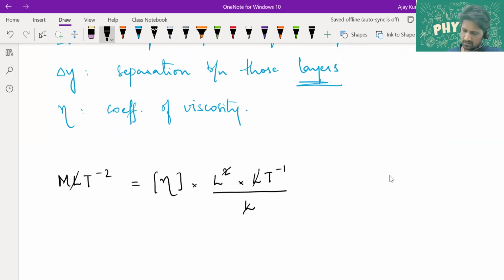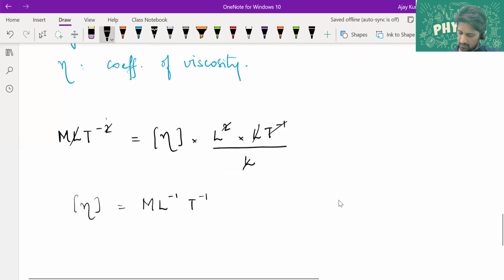T^-1 with T^-2 will be T^-1. Therefore, the dimensional formula of coefficient of viscosity becomes M, the other L goes to that side, L^-1 T^-1. So the SI unit becomes kg per meter per second.